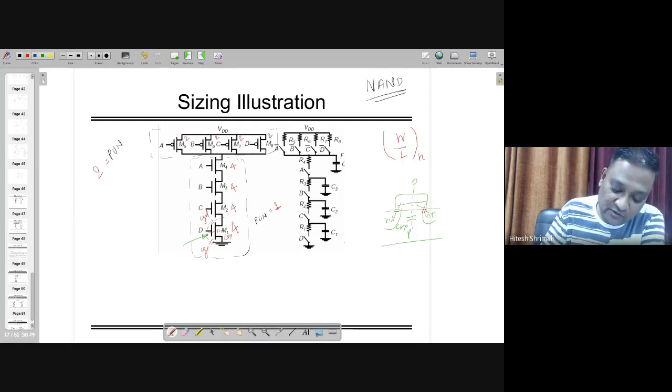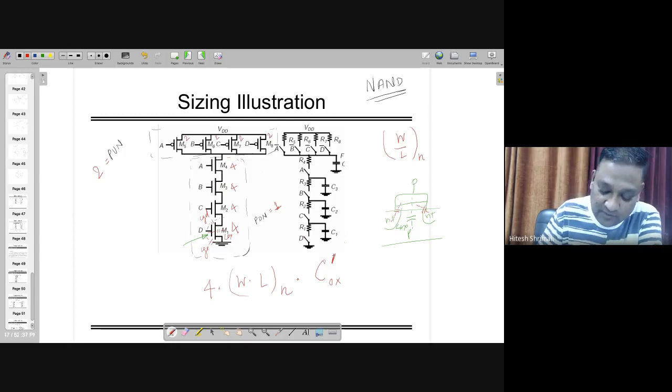So as it is 4, you know that 4 times W times L, whatever it was given, times the value of capacitance will be there. With the prime on top, this is per unit area, and this is with respect to multiply by area.